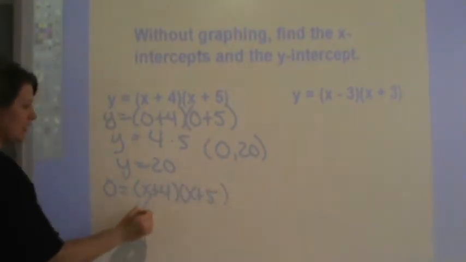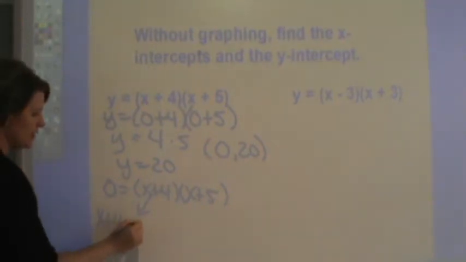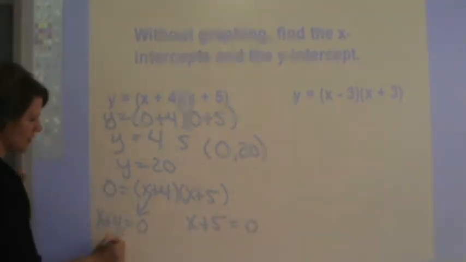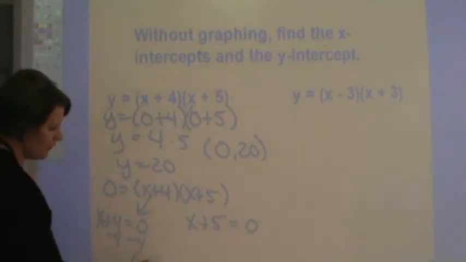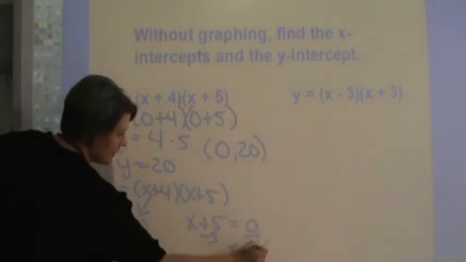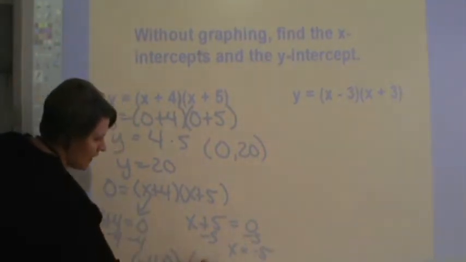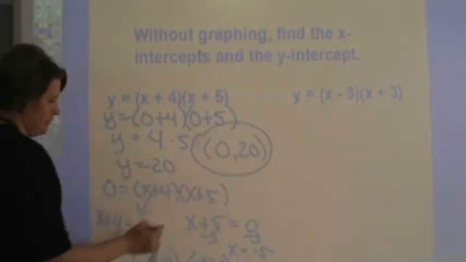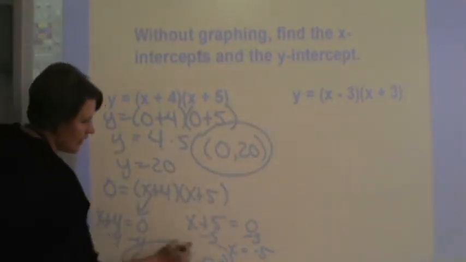And then I split it. So either x plus 4 has to equal 0 or x plus 5 has to equal 0. So I subtract 4, so negative 4, 0 is one of them. Subtract 5, x equals negative 5. So negative 5, 0 is the other one. So I have 0, 20, negative 4, 0, and negative 5, 0.